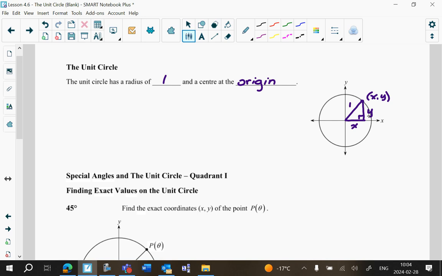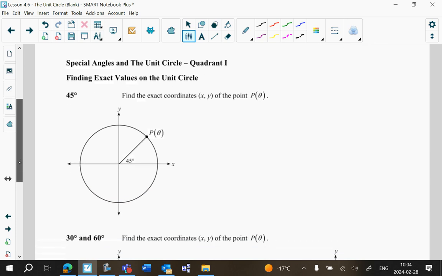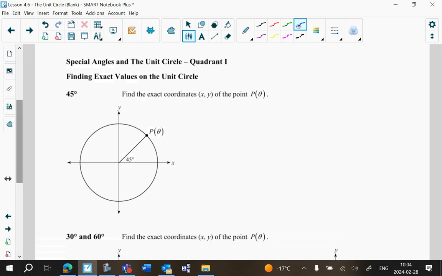Remember those two triangles we created? We made the hypotenuse 1, right? So I can take those triangles and now fit them into the unit circle. Let's take the 45-degree triangle. Remember that blue one we found, or that blue one we made? Well, if the angle coming out of the center is 45 degrees, the other acute angle is 45 degrees.